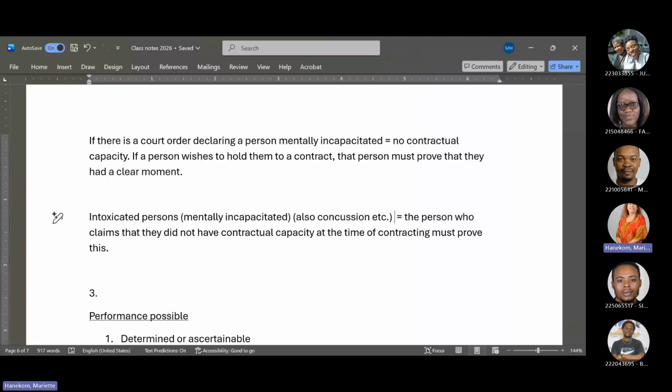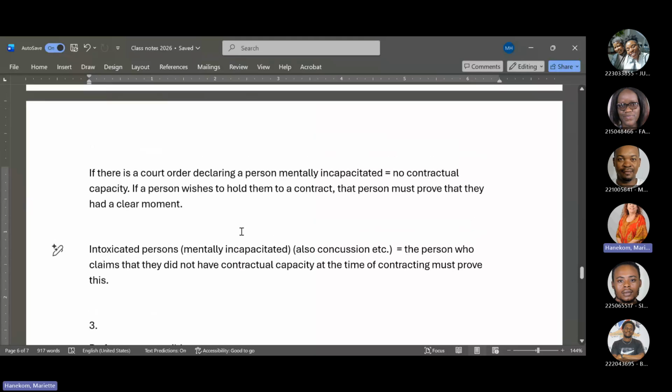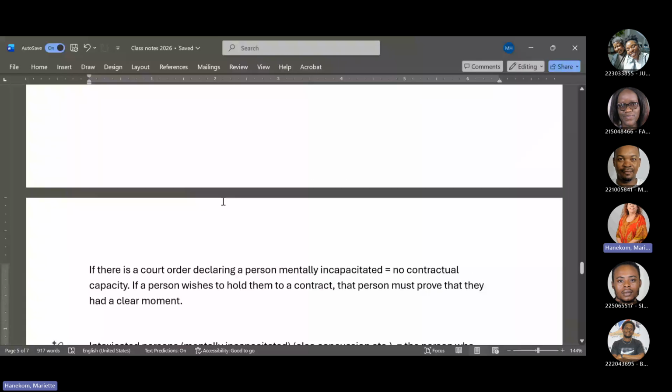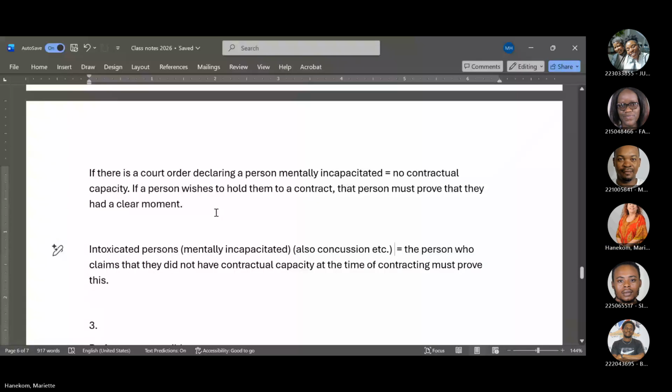There are certain circumstances, however, where this mental incapacity is of such a permanent nature that you can be declared mentally incapacitated by the court. In the study guide, I do refer to mental incapacity.